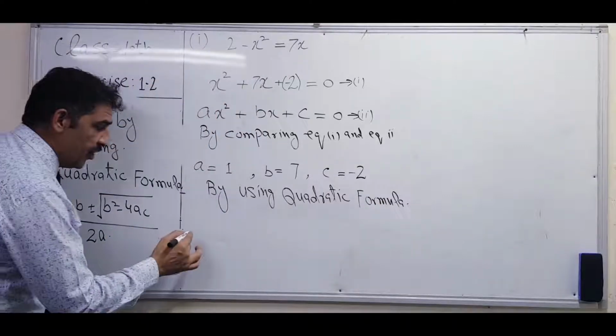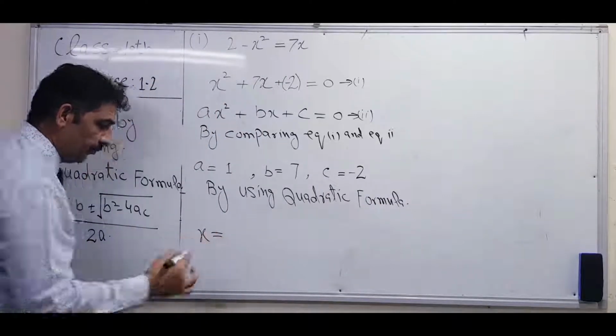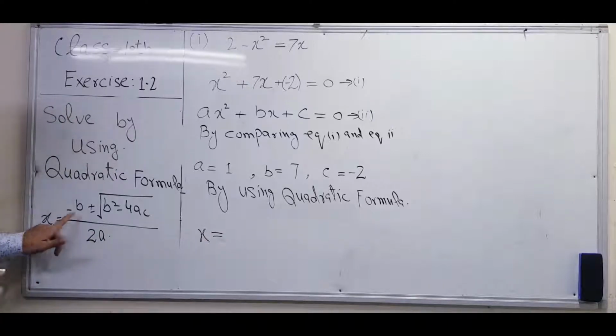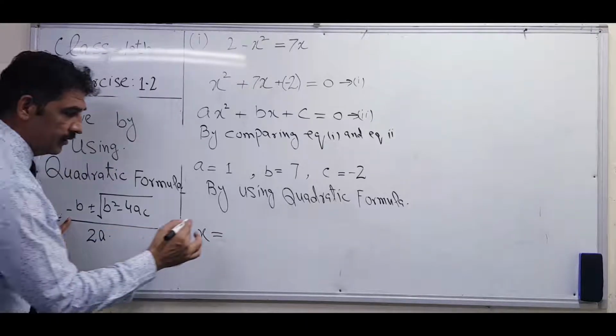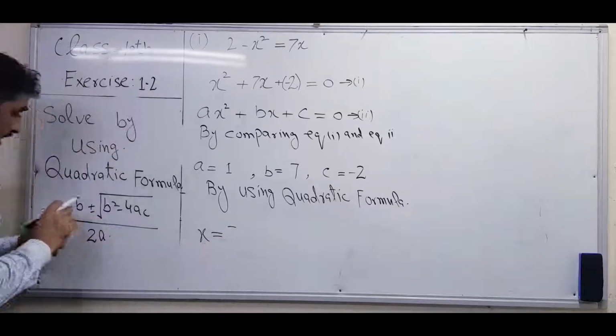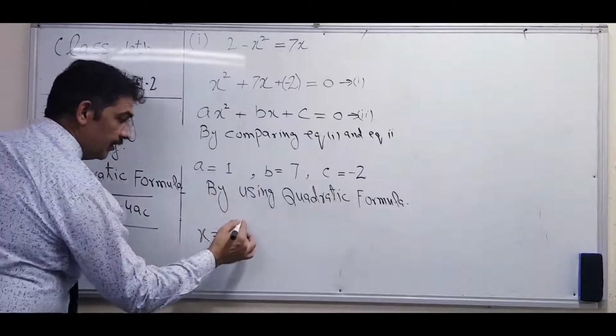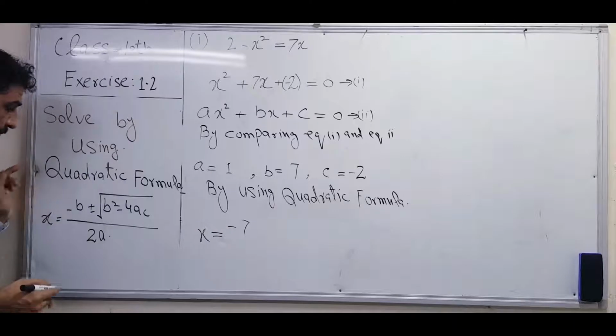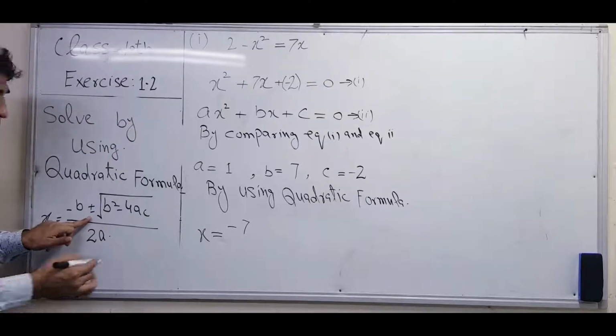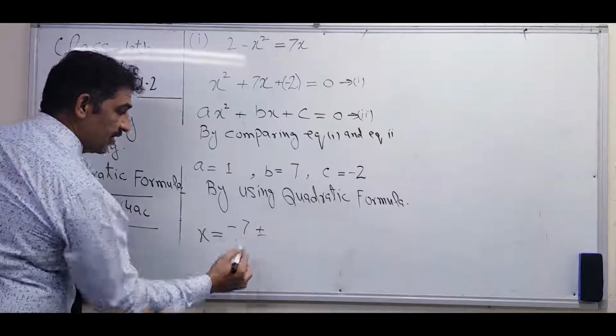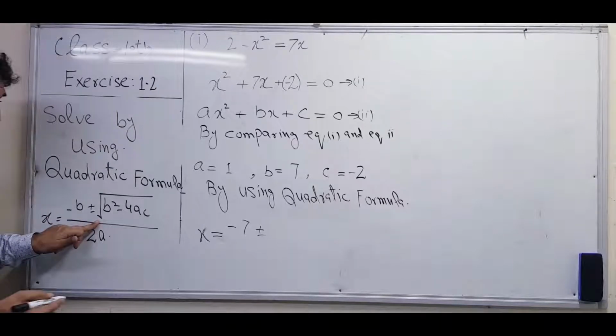So x is equal to minus b. This minus is the formula sign. So minus, what is the value of b? 7. So you will write it here 7. Then after that plus minus. So you also will use the sign of plus minus. Then root.